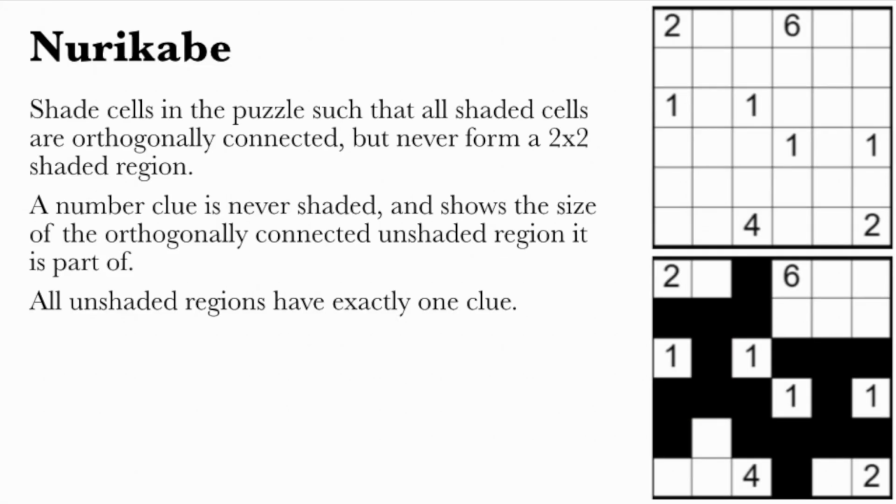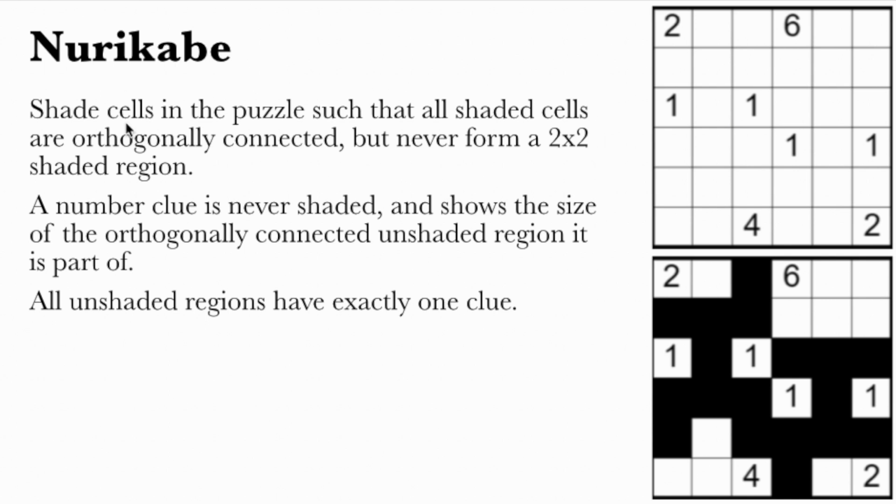So I'm excited about this, and for those who have not seen it before, for example, in the previous issue of the newsletter, where I shared some of these puzzles that I had made, we need to take a look at the rules. Nurikabe is a shading puzzle.